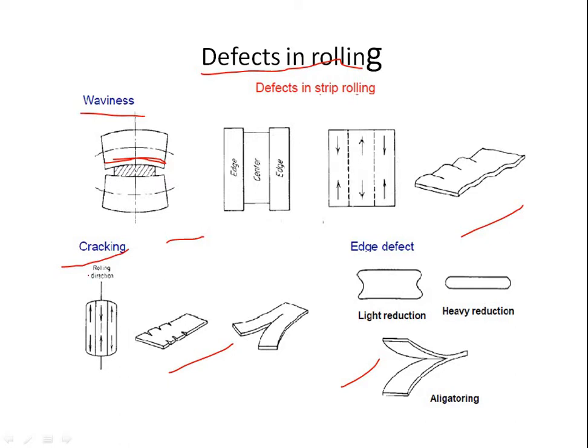When the metal is rolled, it has the tendency to expand laterally, which in turn is opposed by transverse friction forces.